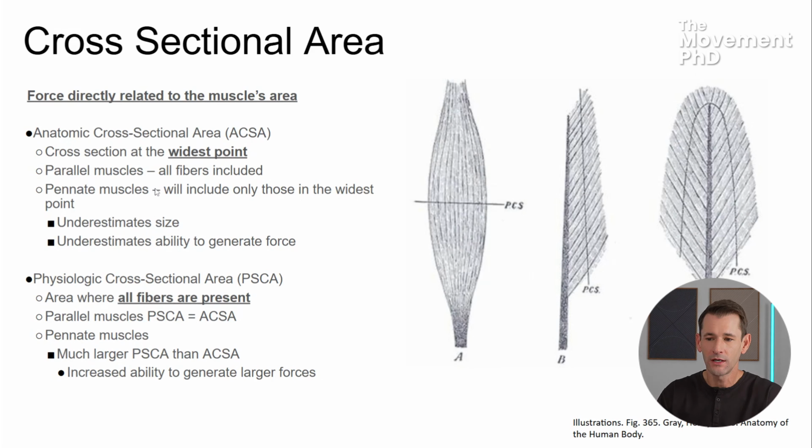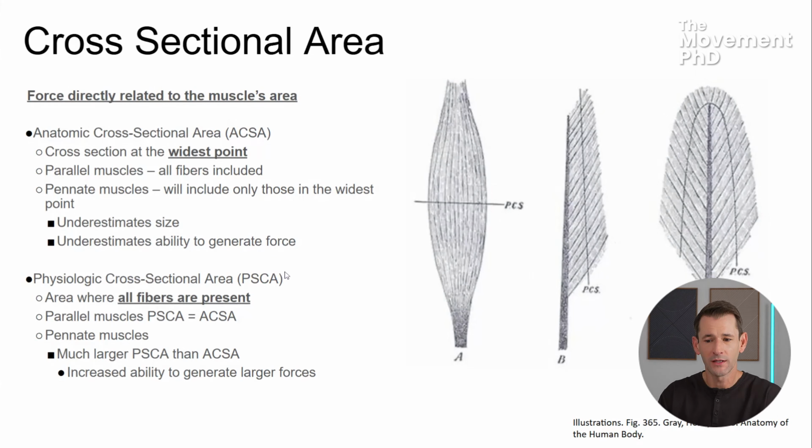However, if you cut at the widest point of a pennate muscle, you're not going to get all those fibers because they're short fibers that attach at an angle, so you're going to miss a bunch of those fibers if you use an anatomical cross-sectional area. Therefore, an anatomical cross-sectional area is able to get the cross-sectional area of a parallel muscle, but it underestimates pennate muscles. So it underestimates the size of a pennate muscle. It underestimates the ability of a pennate muscle to generate force.